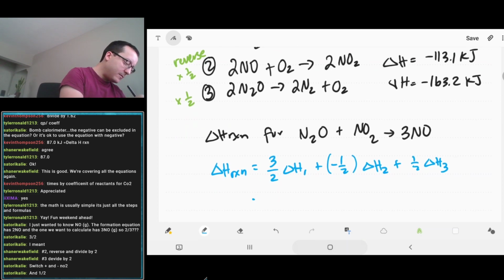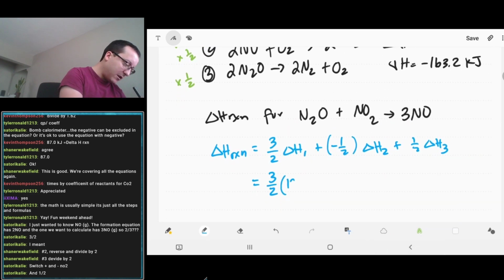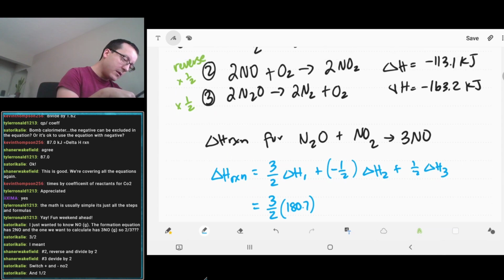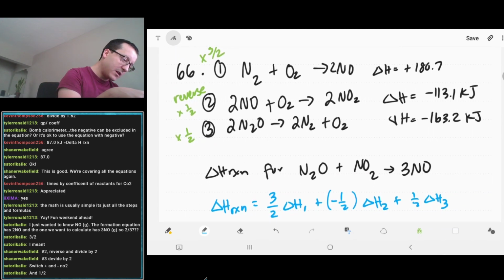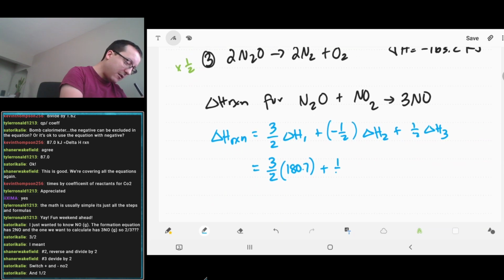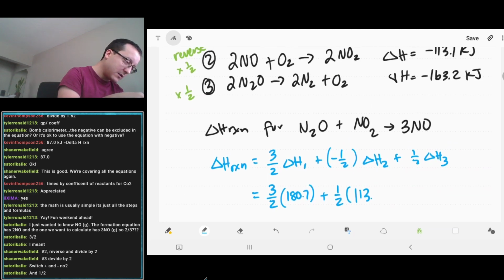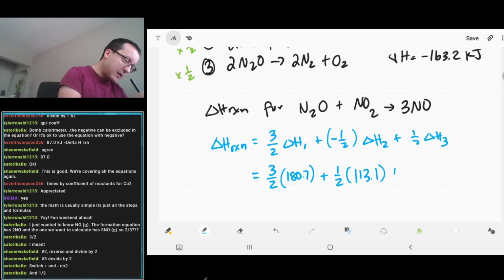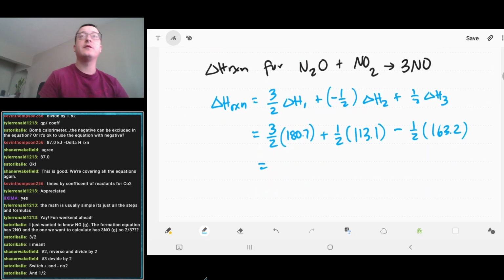And so that becomes 3 halves times 180.7. This one we're going to flip, so it's going to become plus 1 half times 113.1, plus, rather subtract, so we do all this fun stuff, and yeah, this is totally okay.